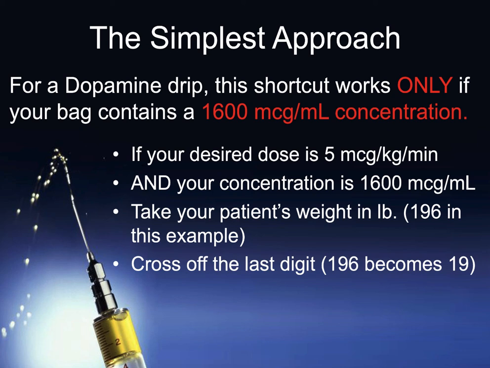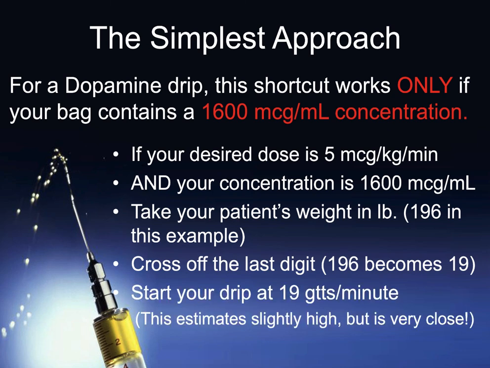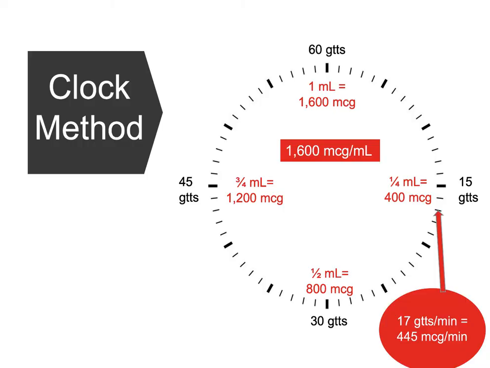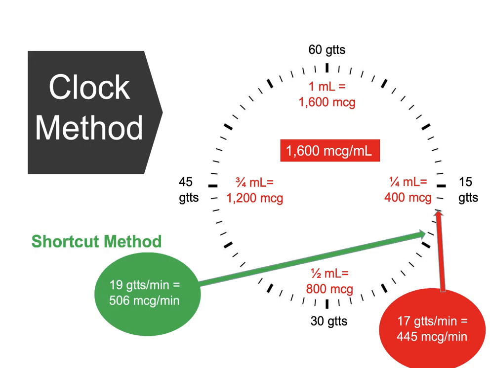So you cross off that 6, and now we're at 19, and you start your drip rate at 19 drops per minute. This estimate with most weights will come slightly higher than that 5 micrograms per kilogram, but it's really close. So for instance, we said 17 drops per minute was 445. Using that really shortcutted method that I just described, you got 19. You were very close to the same ballpark.